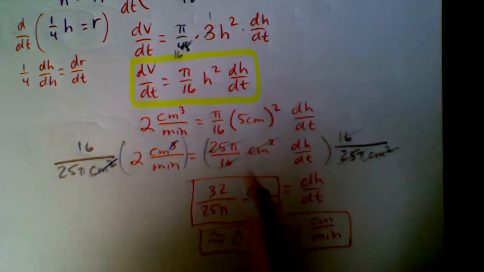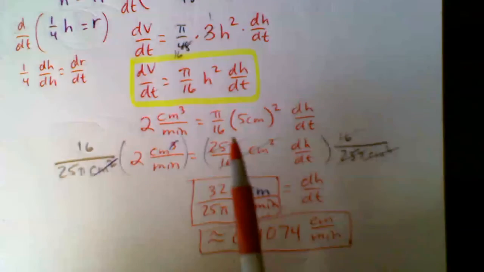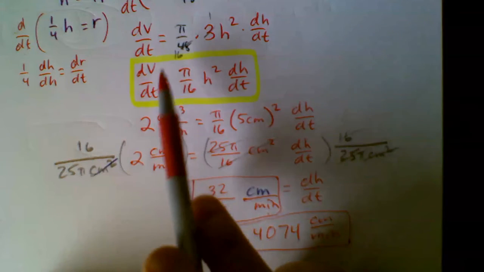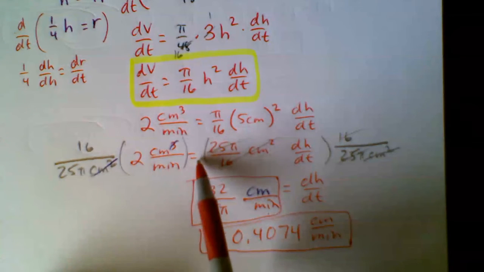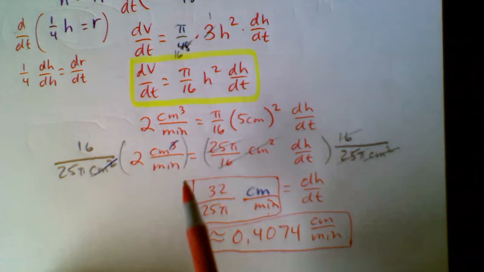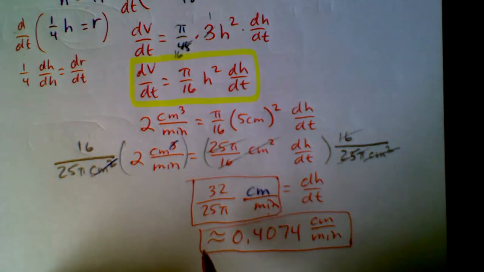I mean, realistically, if you need to help yourself with some of the multiplications and divisions, use a calculator, that's fine. But notice I didn't change anything to decimals because I didn't want to lose any information, especially with the pi. There's a bunch of decimals there. We don't want to lose that information. So I'm delaying introducing decimals for as long as possible in order to preserve accuracy.